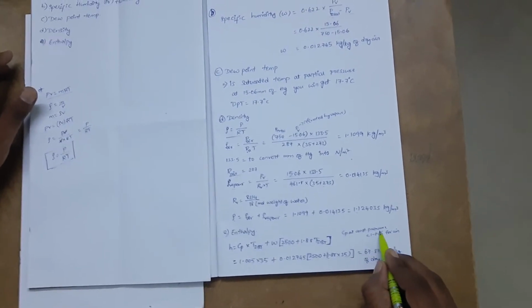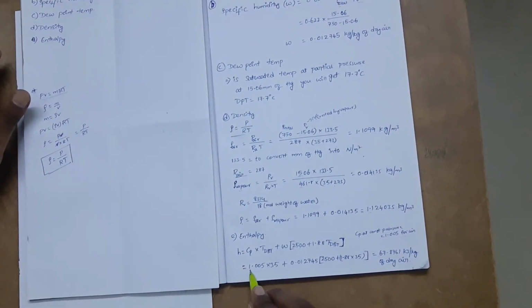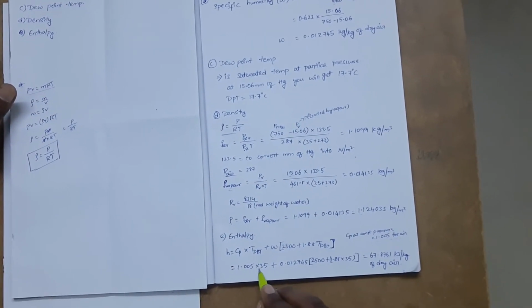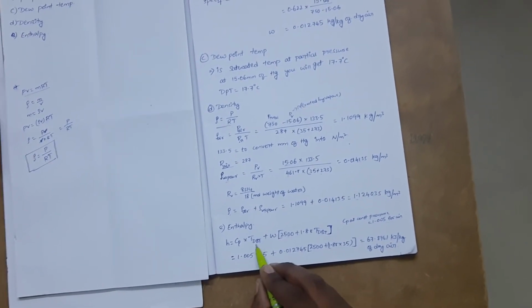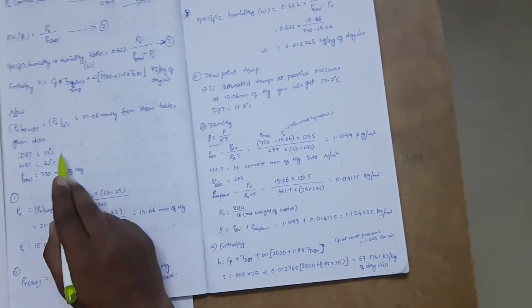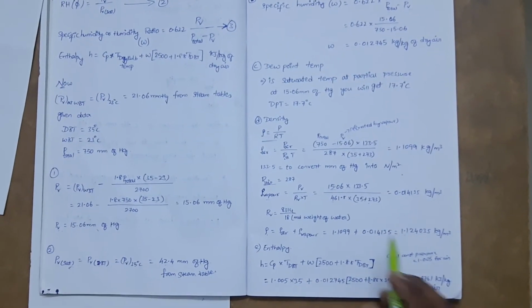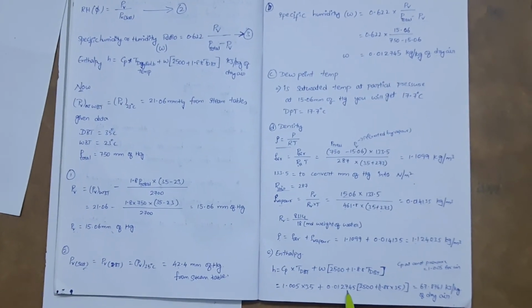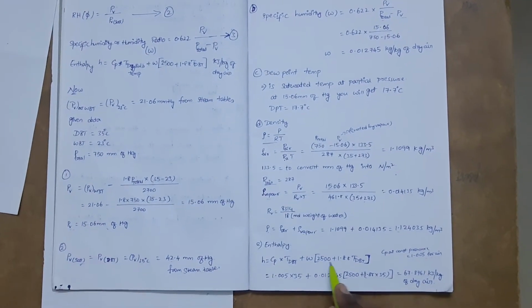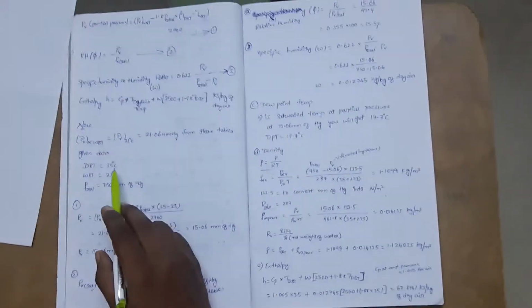Cp for constant pressure is equal to 1.005 for air. 1.005 into 35, the dry bulb temperature, plus W value 0.012745 into 2500 plus 1.88 into 35. 35 is the dry bulb temperature.